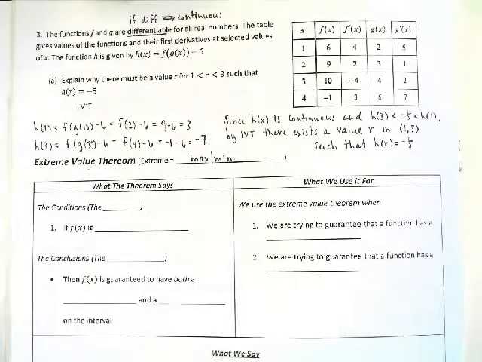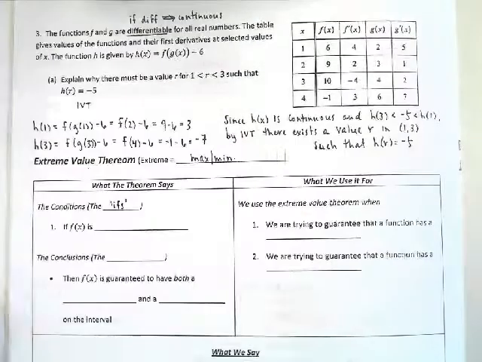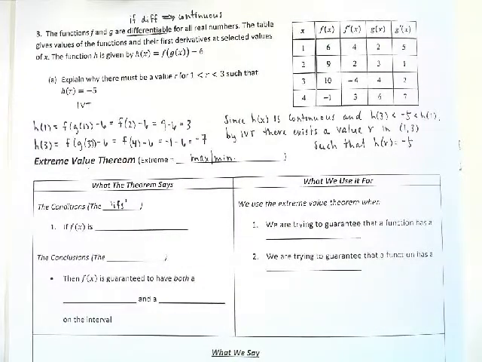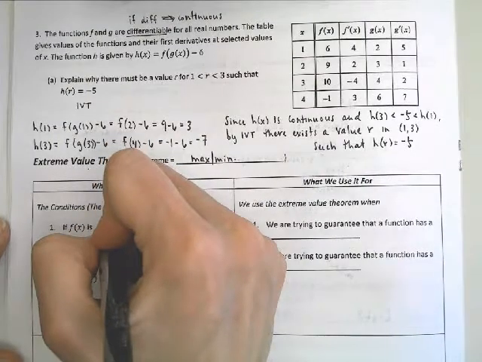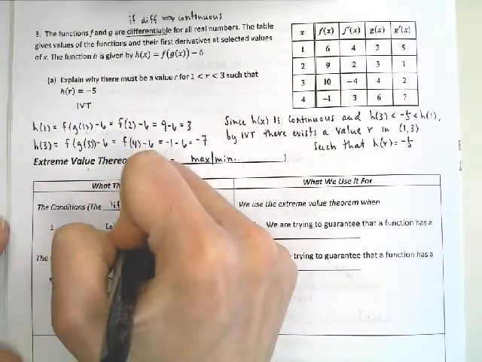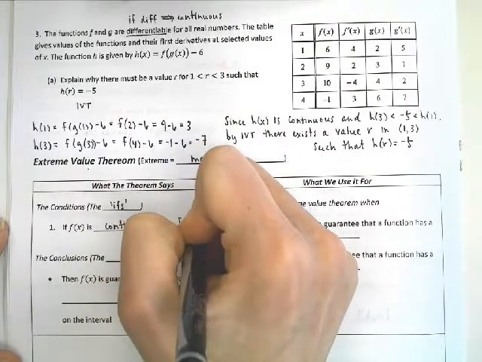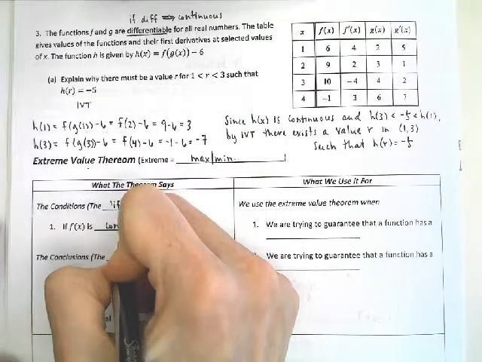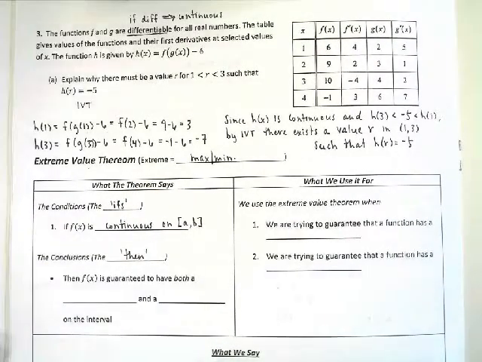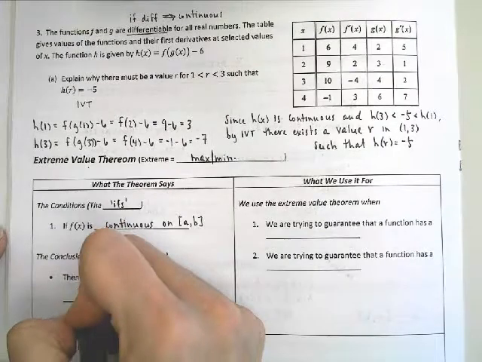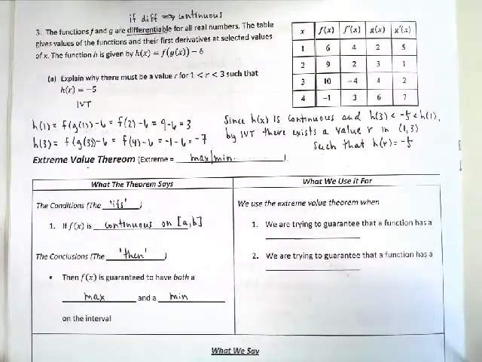All this theorem says, our conditions or our ifs, is that if f of x is continuous on a closed interval from a to b, then f of x is guaranteed to have both a max and a min on that interval.